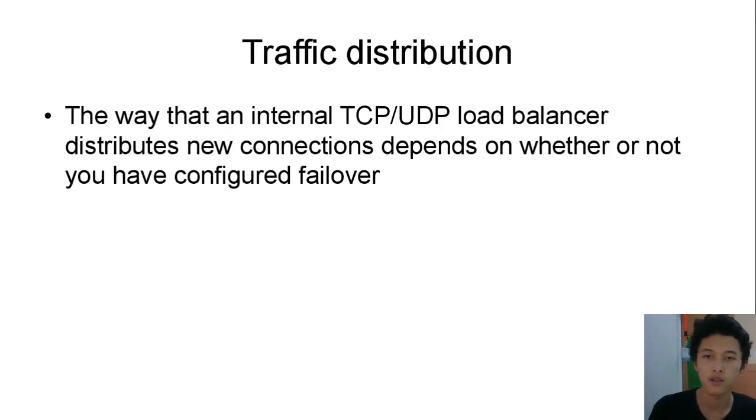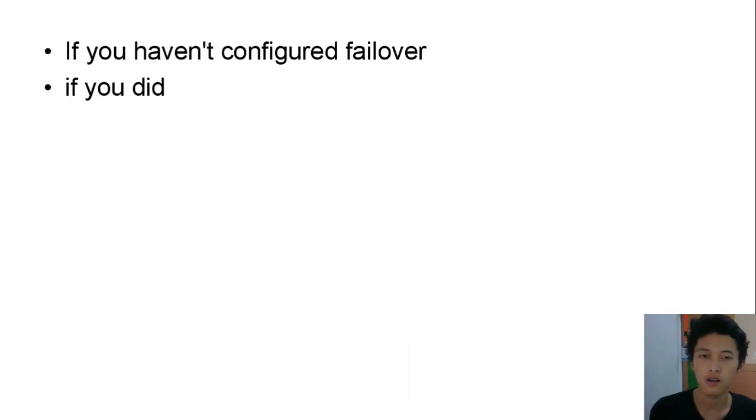If you have not configured failover, then the load balancer will distribute the new connection among its healthy VMs, or at least one backend VM that is healthy. When all backends are unhealthy, as considered by the health check rules, it will just distribute equally among all backends.